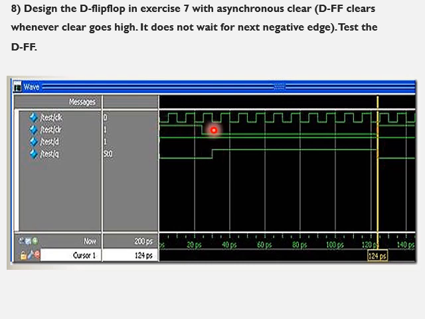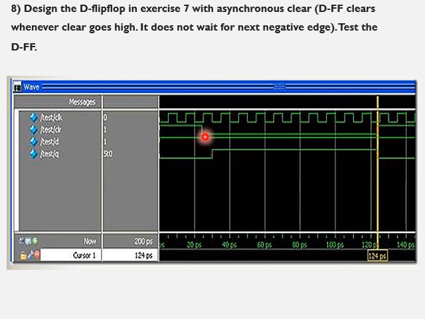Clear becomes 0 at 24 time units, but Q will not follow D at 24, because D is a synchronous input, so it waits for the active edge of the clock. The next active edge of the clock is here, so from there Q follows D. D is 1, so Q will be 1.